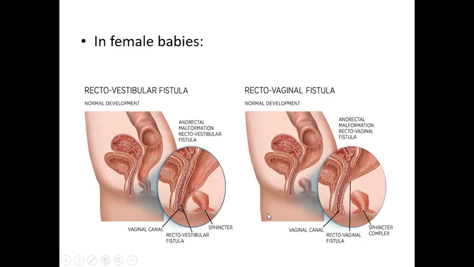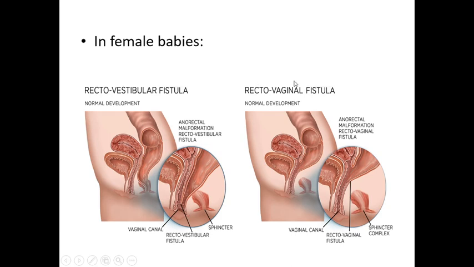Now in a female baby, here you can see the connection is with the vaginal pathway, so vaginal canal. In this anomaly, when the anal canal opens into the vaginal opening, then the feces will come out through the vagina.